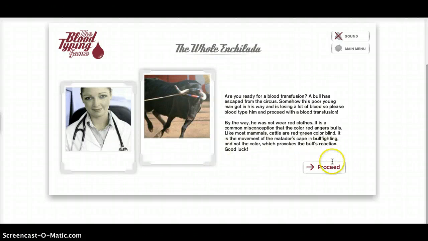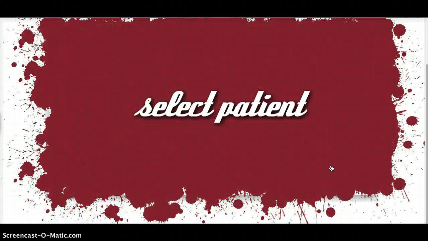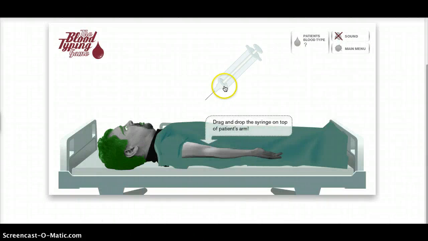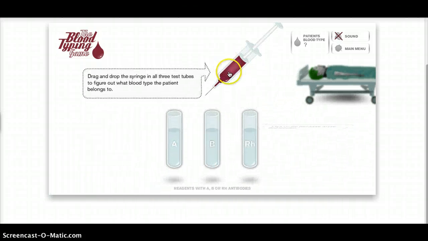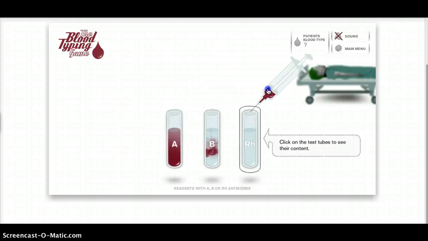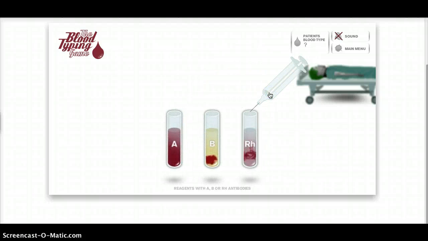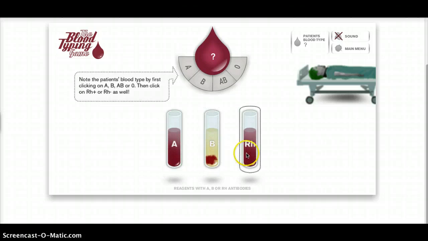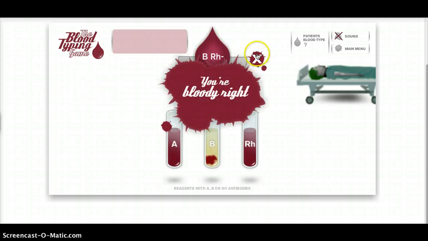In this one, they not only need to determine the patient's blood type, but also determine which blood transfusions they can receive. So first I'll determine the blood type. And again, just the reaction between the antigens in the patient's blood and the antibodies that are in these test tubes tells me that the patient is B negative.